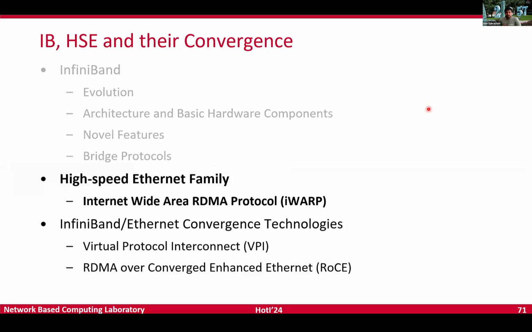Going forward, let's quickly look at the high-speed Ethernet family with the iWARP protocol. This is when the Ethernet consortium and the Ethernet vendors began to realize that InfiniBand verbs is a good protocol. Let's see if we can move this protocol over our regular Ethernet networks.